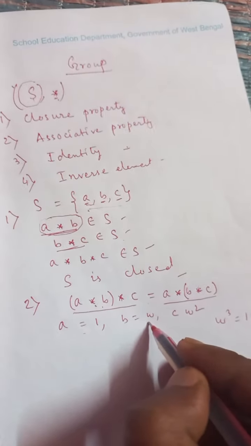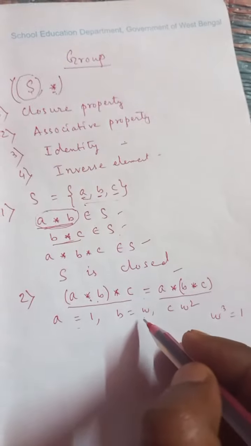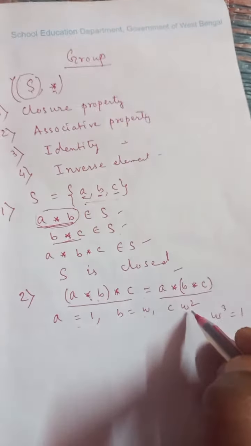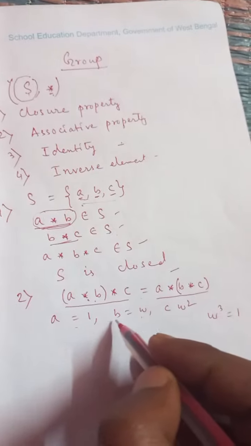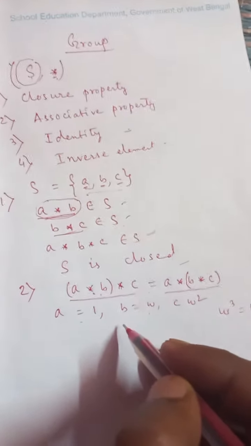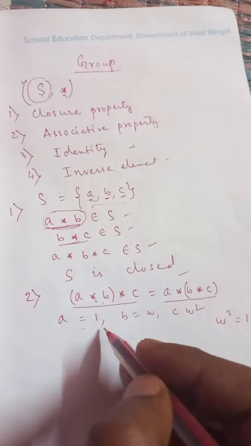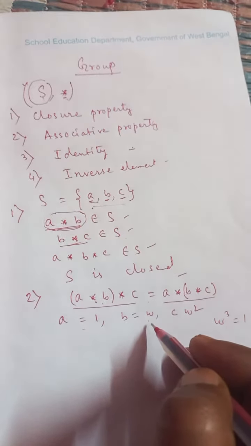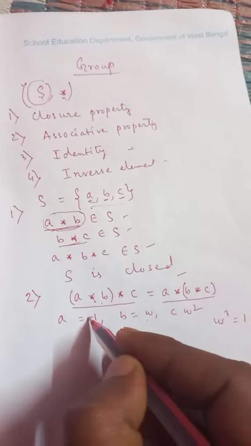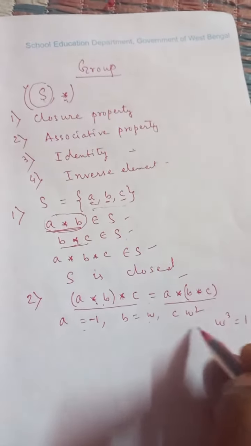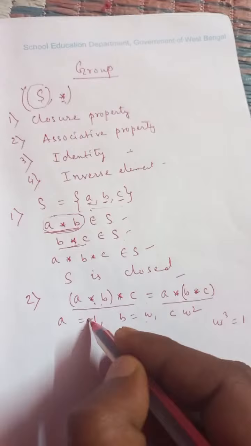Omega, omega square and 1 are the cube roots of 1, not minus 1.